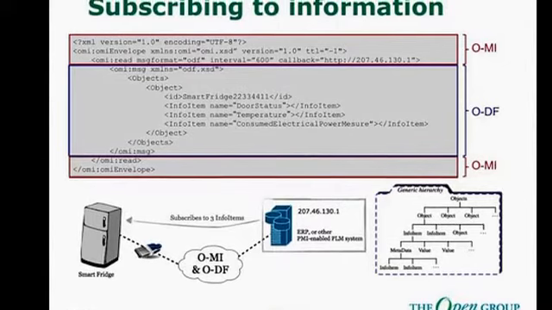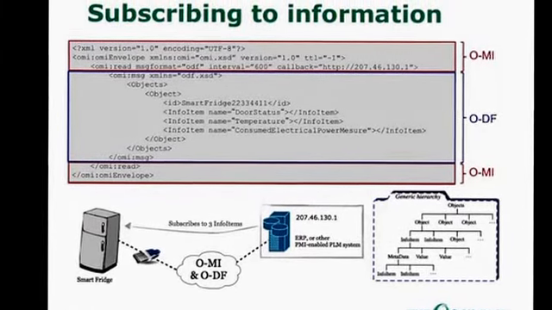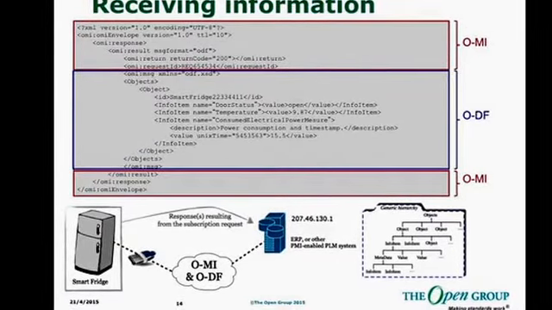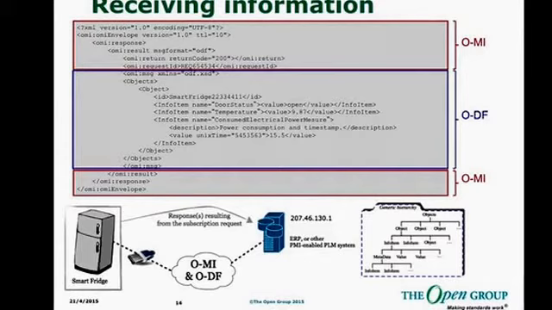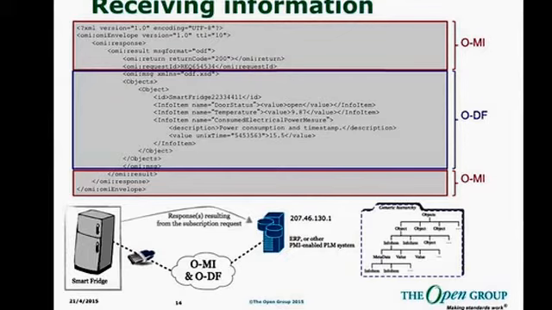And once this subscription has been made, I start getting response messages every 10 minutes with the same ODF structure, but with the actual values, as you can see by the value tags. So this is the basic introduction to what it looks like.